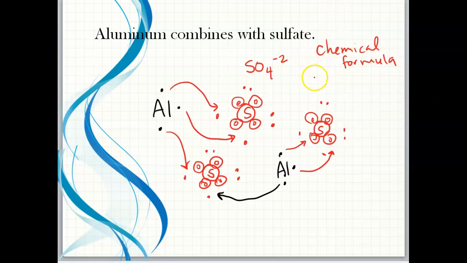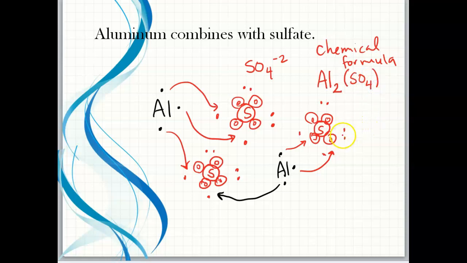For the chemical formula, I'm going to count the number of aluminums I have. So I have 2 aluminums, so it'll be Al2. Remember, I'm going to show that there are 2 of them. And then notice I have 3 sulfates. So I'm going to put sulfate into parentheses.